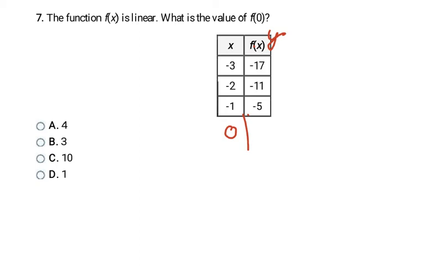So -17 to -11, that's getting closer to 0, less negative, so that's increasing by 6. -11 to -5, that's also increasing by 6. So -5 plus 6 is a +1. So that means when x is 0, f of x is equal to 1, or y is equal to 1, which is our answer, D.